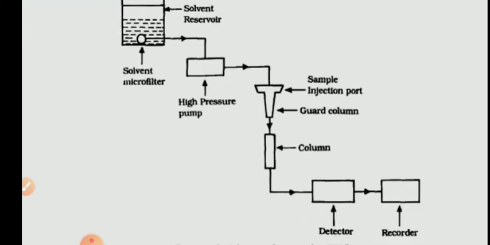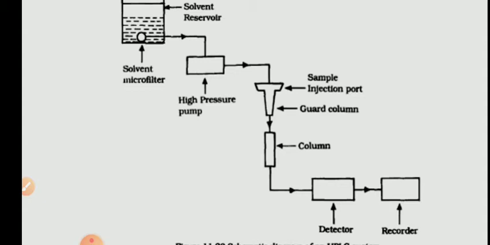main column. Before the main column, you can see there is a guard column, and there is a sample injection port. Most of the time, the eluting solvent comes to the sample injection port, and the solvent itself carries the sample to the column.